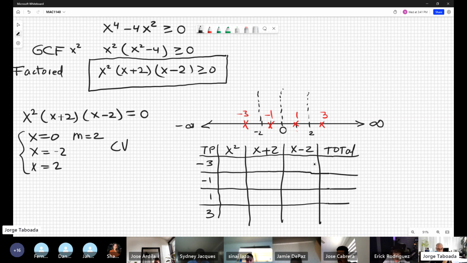So when you plug in negative 3, x squared is negative 3 squared, which is 9, positive. And you see, this column is always positive, because regardless of whether the value is positive or negative, when you square any number, negative or positive, the answer is positive.